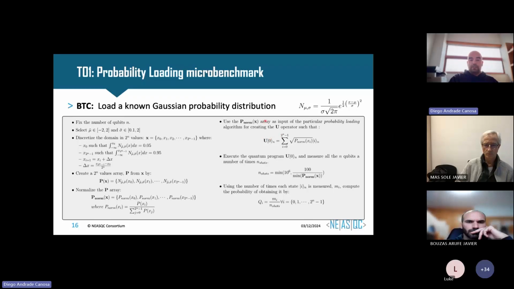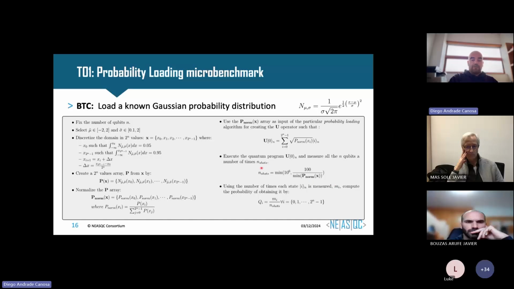So we create this operator using one of the methods available in the literature. And then once we have the operator, we execute the circuit a number of times and measure the output. So at the output, we are going to get given basis states, and the idea is that we are going to measure the probability of having each possible state.